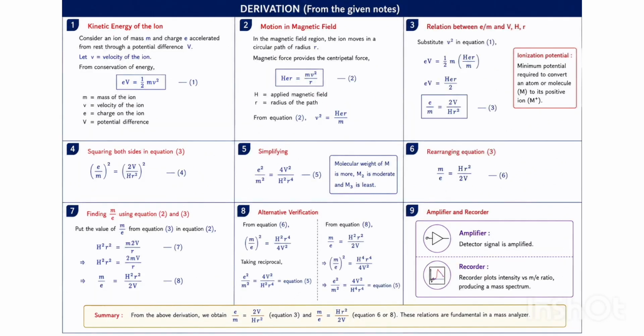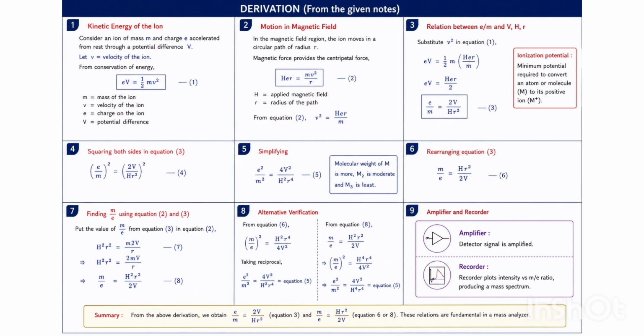Now let us derive the fundamental equation used in mass spectrometry. From the acceleration chamber, ½mv² = eV. In the magnetic field, the magnetic force provides the centripetal force. Therefore, Bev = mv²/r. Simplifying the equation, Be = mv/r.